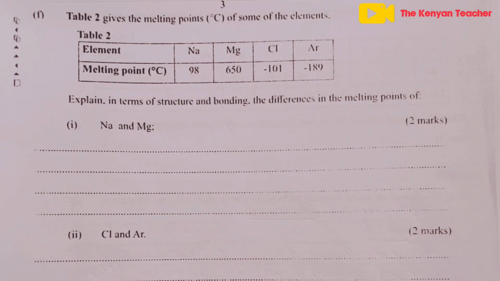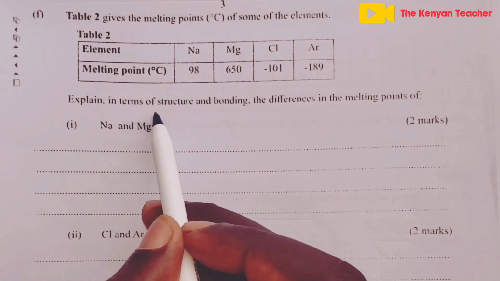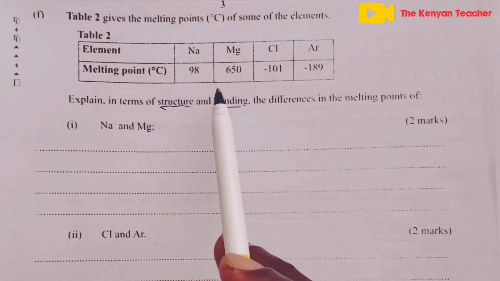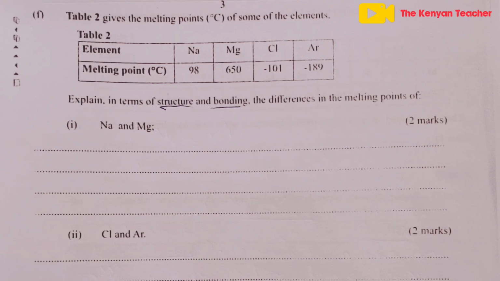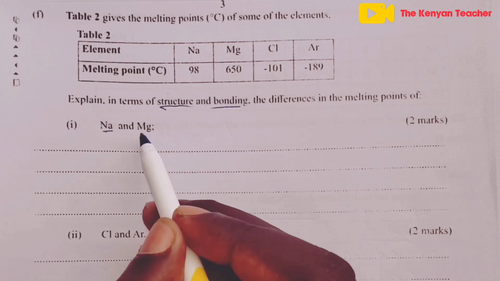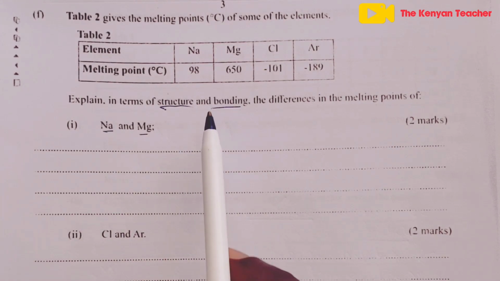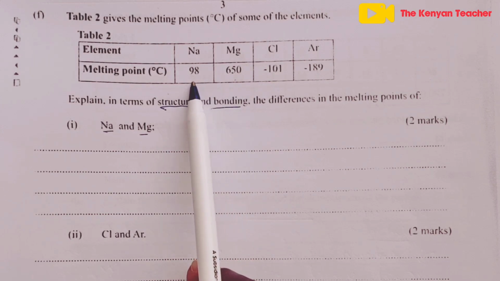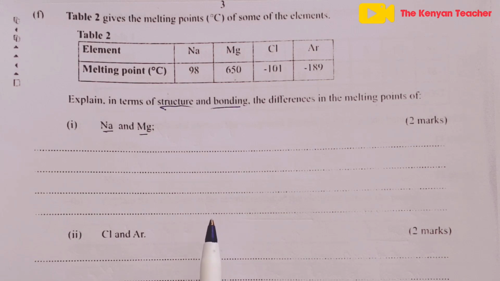So the question was asking our candidates that in terms of structure and bonding, the candidates were to explain the differences that have been displayed in the table. Now, beginning with sodium and magnesium. And we can see that magnesium has a higher melting point than sodium. The candidate was not supposed to repeat this trend because it is visible in the table.